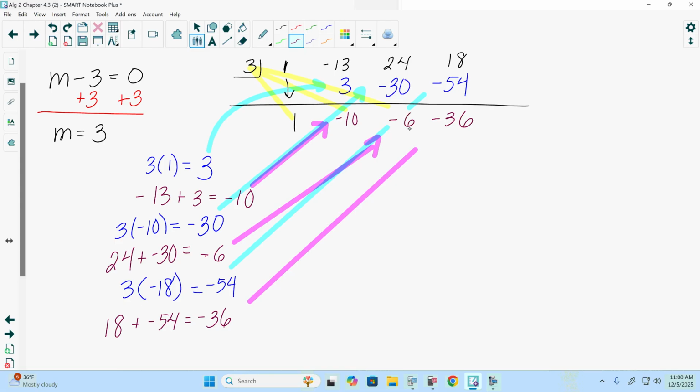So negative 6, which would change this. Negative 6, negative 18, negative 18, and then it gives us 0.